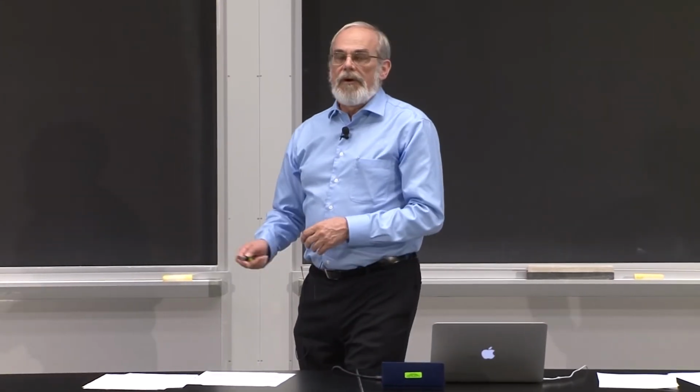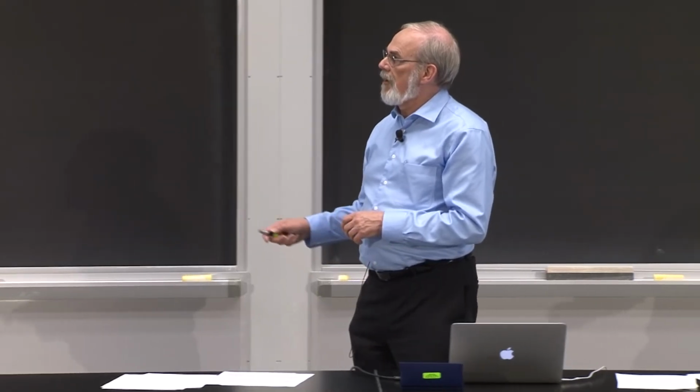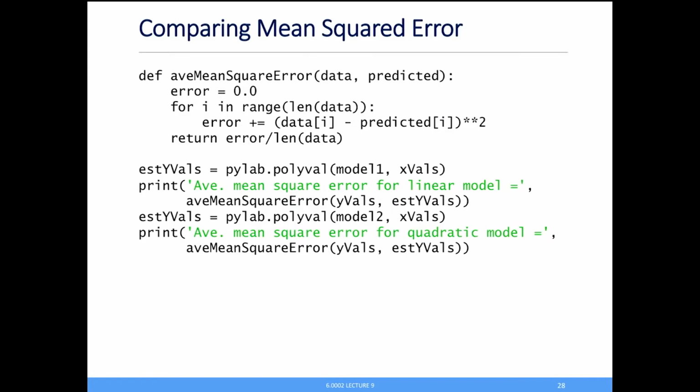All right, we'll do what we always do. Let's write a little bit of code. I can write something that's going to get the average mean squared error. It takes in a set of data points and a set of predicted values, simply measures the difference between them, squares them, adds them all up in a little loop here, and returns that divided by the number of samples I have. So it gives me the average squared error. And I could do it for that first model I built, which was for a linear fit, and I could do it for the second model I built, which is a quadratic fit.